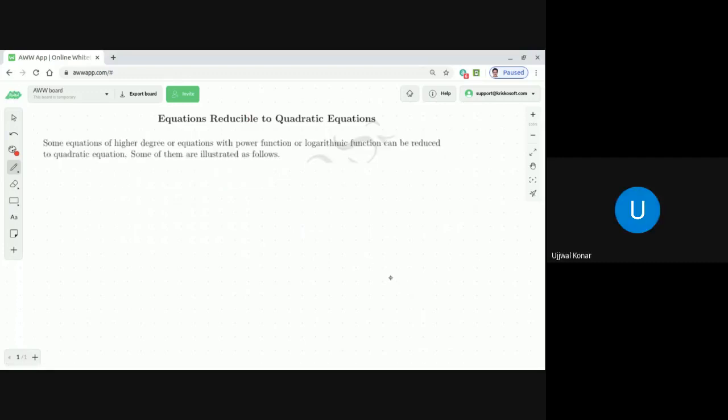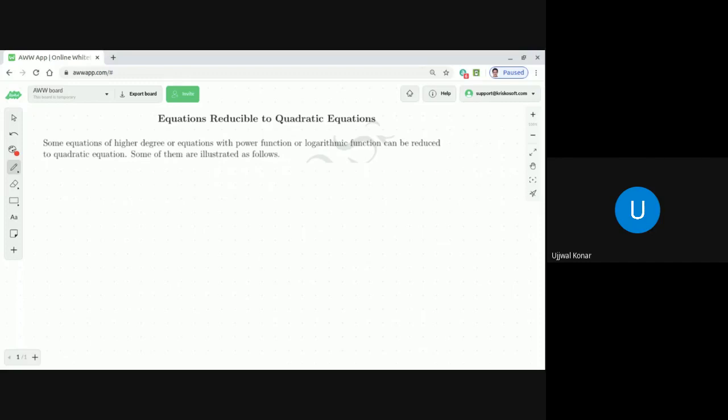So if I give you a biquadratic equation, rather than solving that biquadratic equation, it is better to convert it to a quadratic equation and solve it. And we will see different techniques to convert biquadratic equations into quadratic equations.